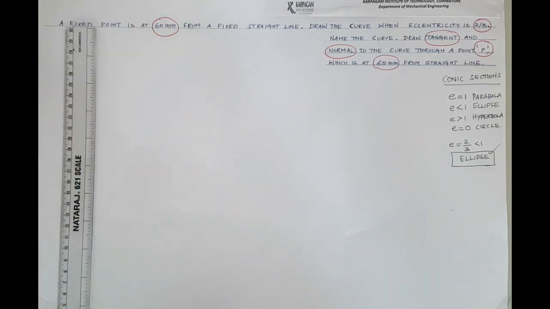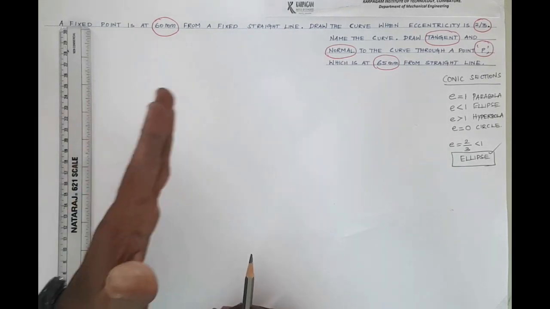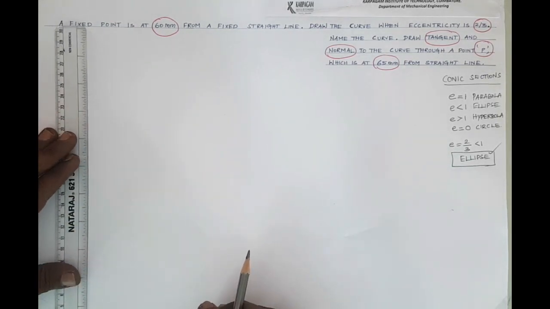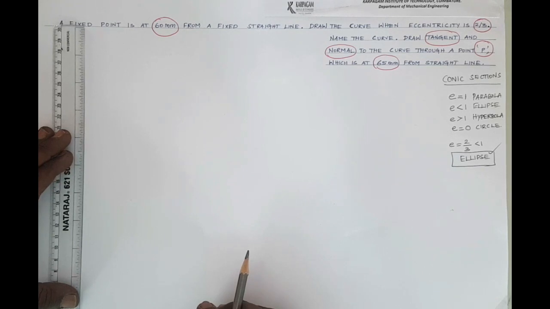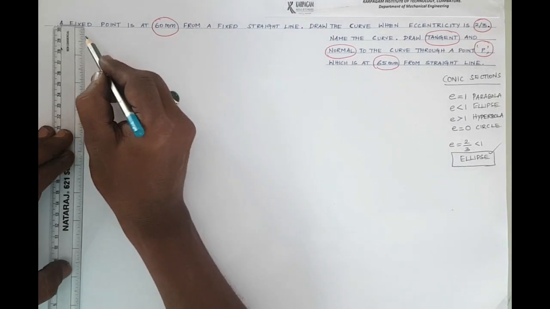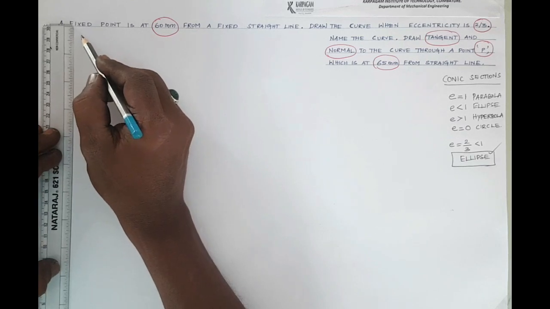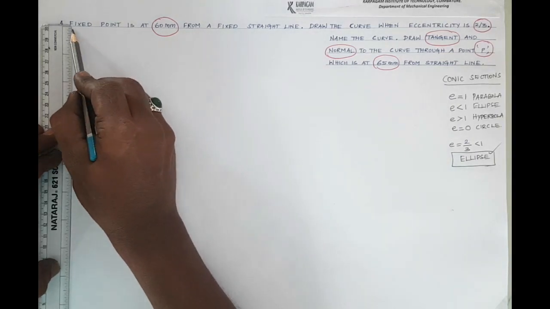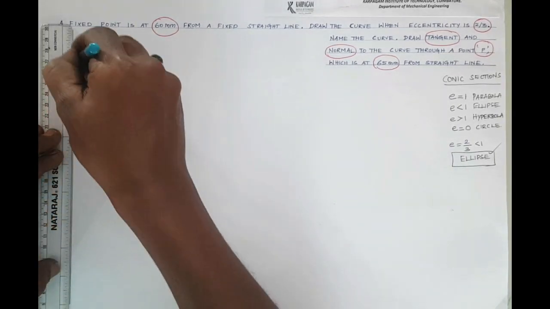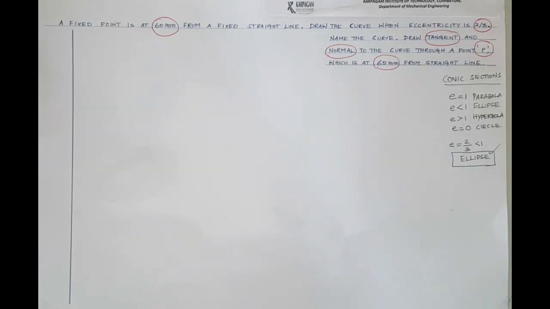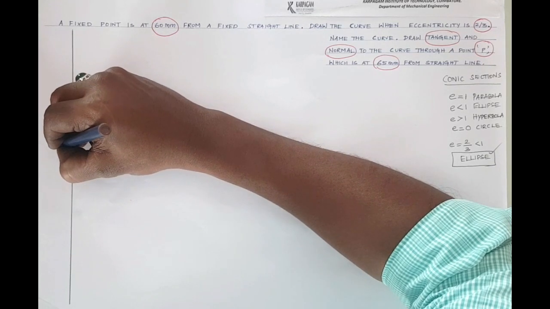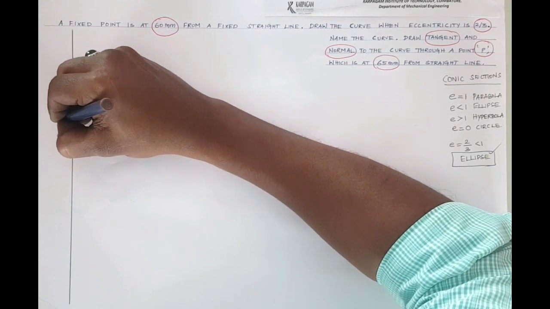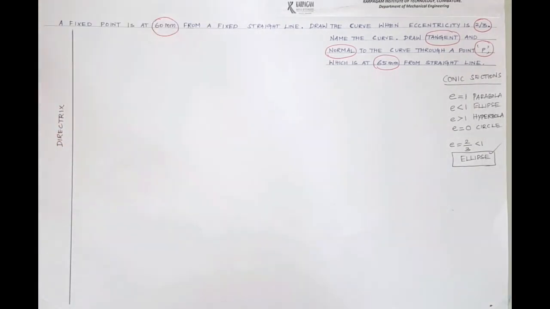It's very simple. Okay, take your scale and pencil, come to the left corner of your paper and draw a perfect vertical line like this, and the name of this line is directrix.